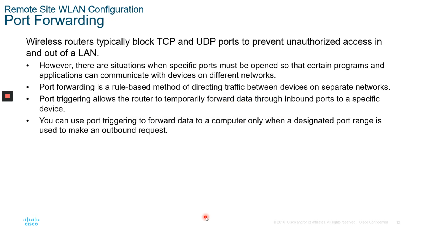Okay, the next one is port forwarding. This is also one of the key features that you can set up on your network. There are some ports, for example TCP and UDP, that are usually blocked on your wireless router to prevent any unauthorized access.